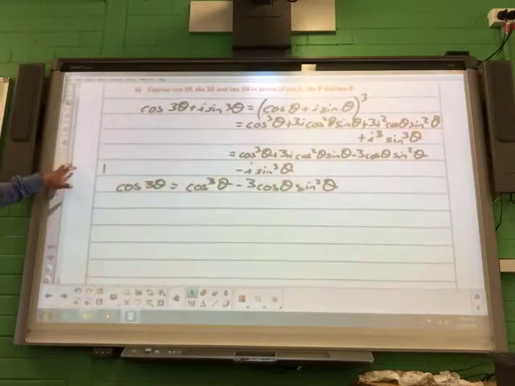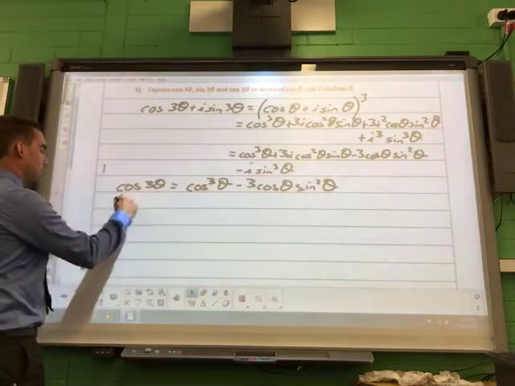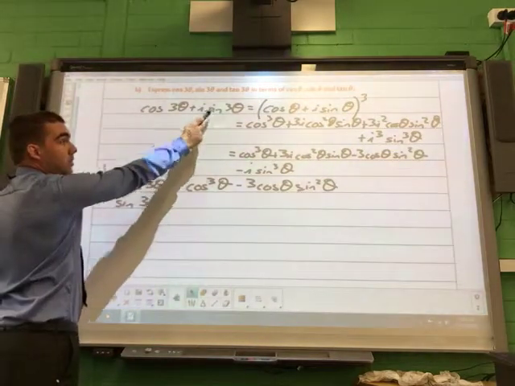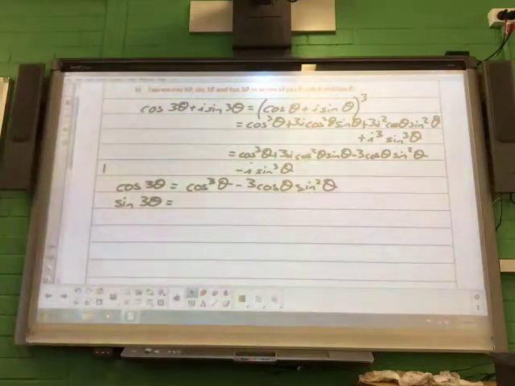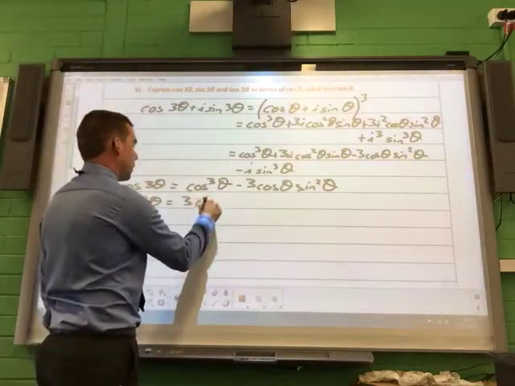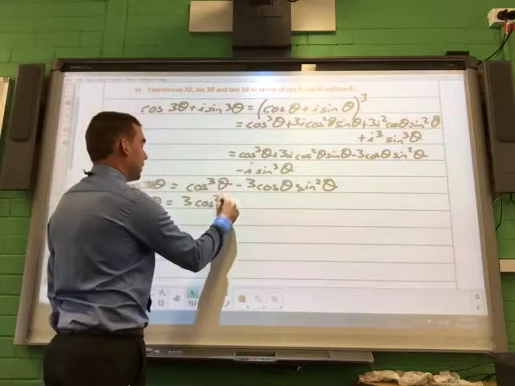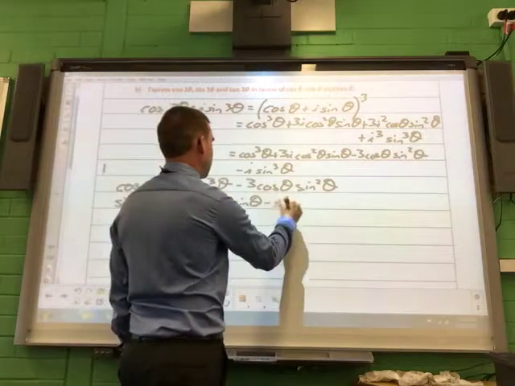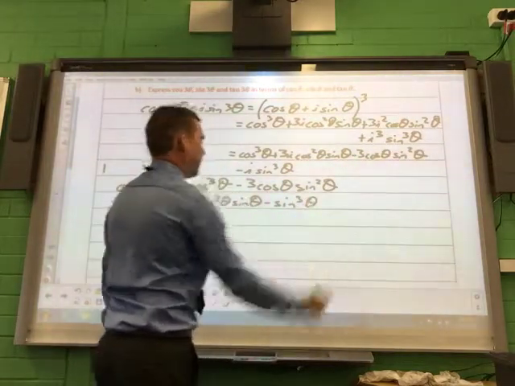And sine 3 theta. This is the imaginary part of this side. It's going to equal the imaginary part of the expansion on the right hand side, so it's going to equal 3 cos squared theta sine theta minus sine cubed theta.